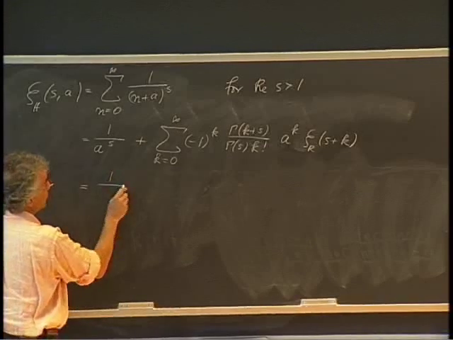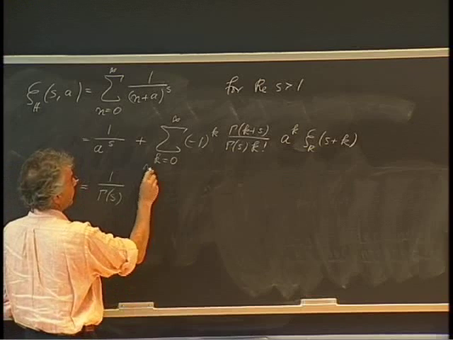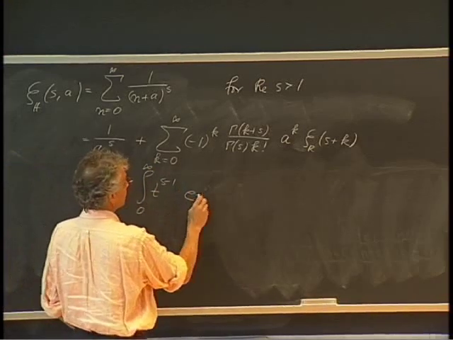Then we used the Mellin transform to show that this is an alternative representation.